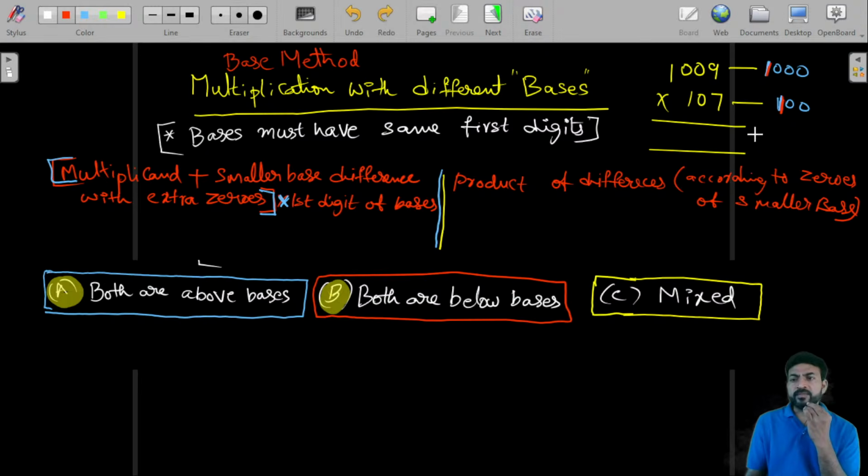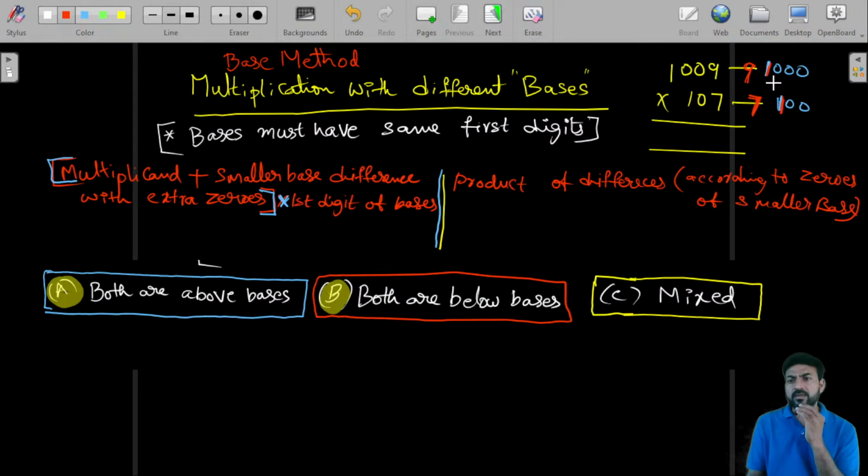Now follow this answer method, or answer format. Multiplicand plus smaller base difference. What is the difference here? Here 9, here 7.